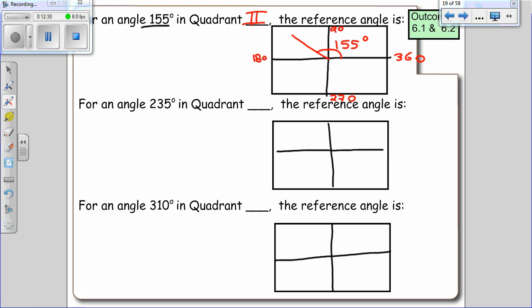Everyone's good with my drawing? The reference angle for this question is right there. That's what they want me to calculate. In this case, I want to picture, what if I went all the way around to 180, but erased out the 155? If I did that, it would give me this reference angle, which is 25 degrees.